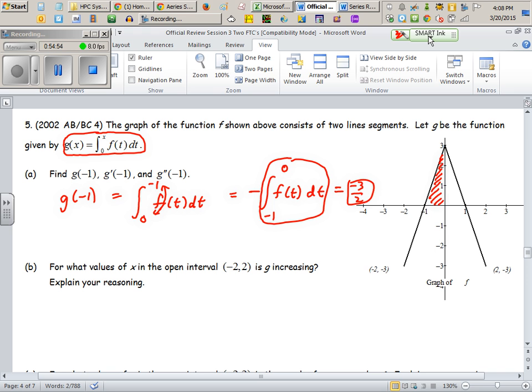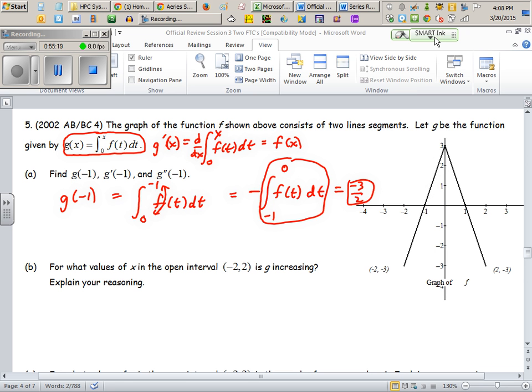Okay, so what we need to do is go back up here and write in what g prime is. So g prime is d dx of the integral from 0 to x of f of t dt. In other words, it is what? F of x. Interesting. We have a graph of f of x, right?